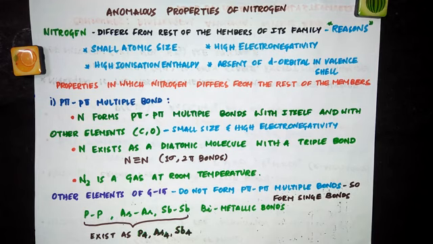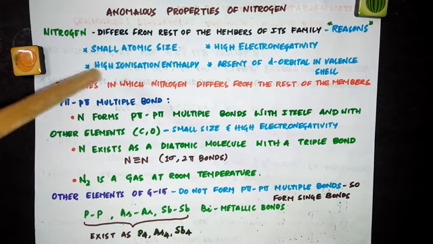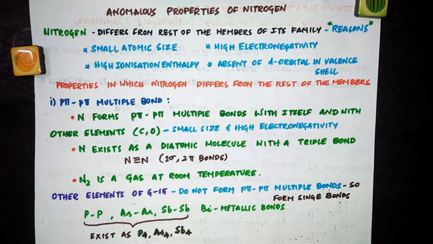As you move down the group, electronegativity decreases, so nitrogen is highly electronegative compared to the rest. Same way, as you move down the group, ionization enthalpy decreases. So again, nitrogen has got the highest ionization enthalpy in group 15.